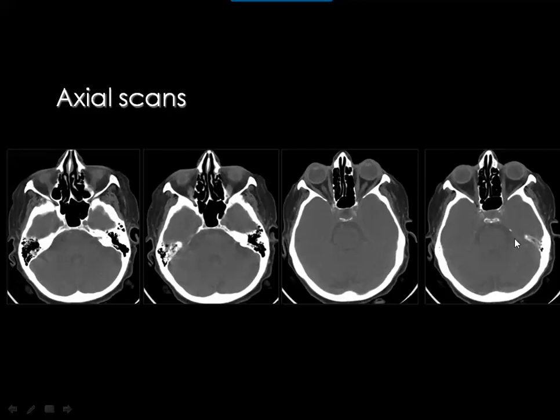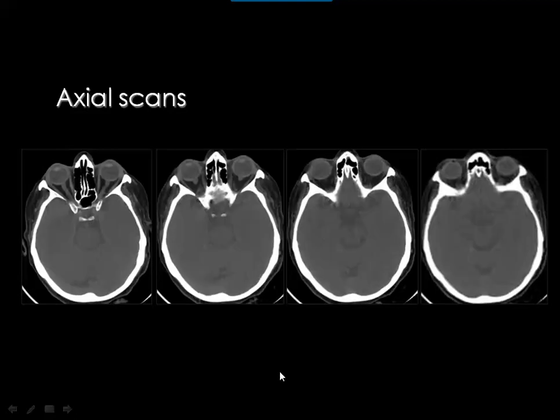Here you can see the globe and the lateral rectus, as well as the medial rectus. Then this is the globe, optic nerve, the medial and the lateral recti. While you are going up, you will see the superior rectus levator complex in the upper sections.